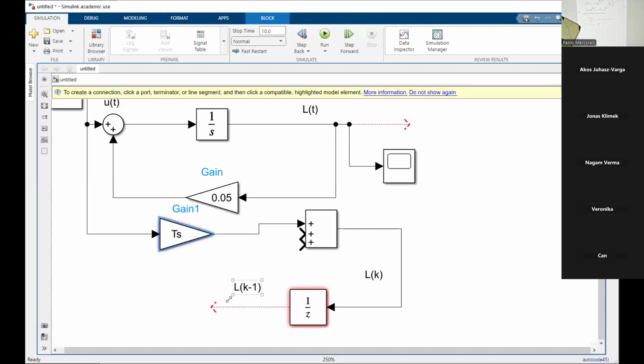Yeah, we have something like that directly. To remember this, we have three elements. Ts multiply U of k minus 1. We have L of k minus 1.